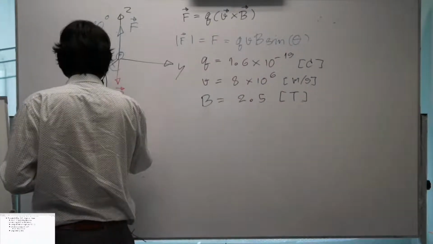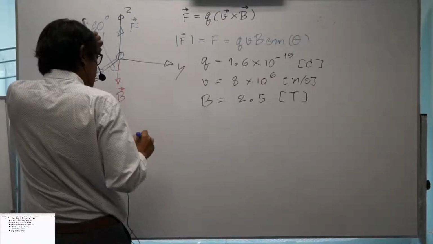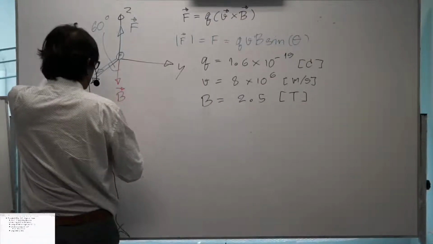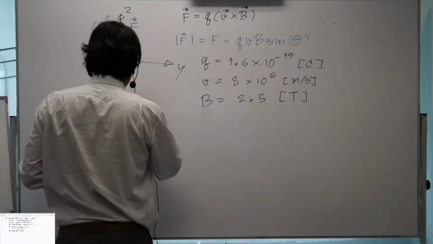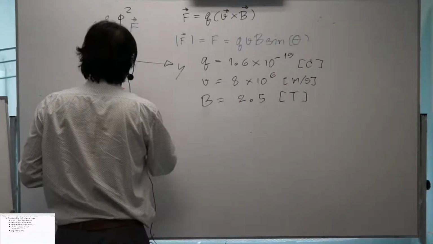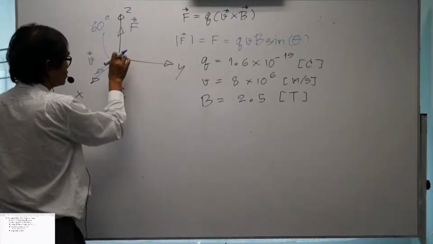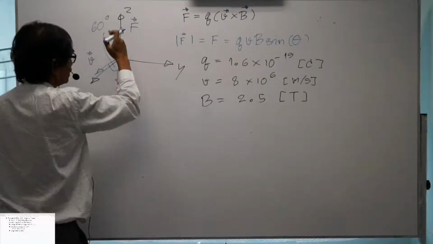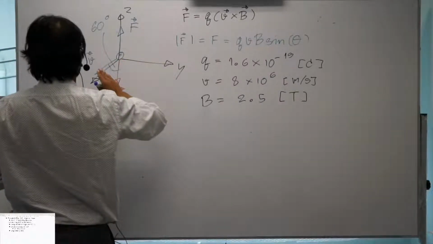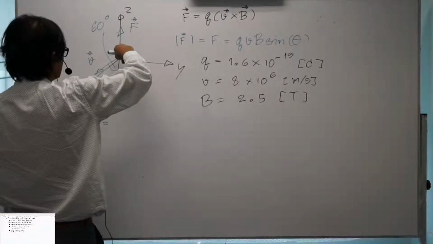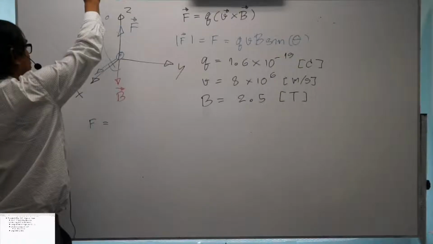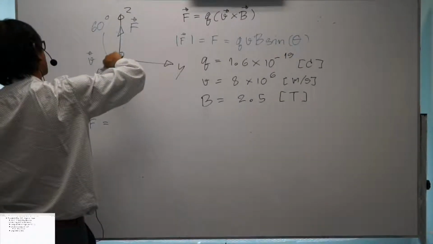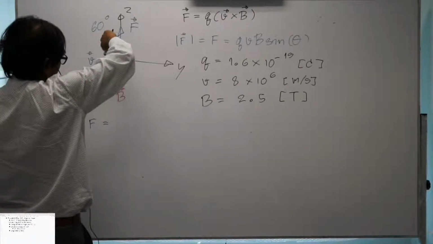You get F, the induced magnetic force. This force tries to lift the proton up. Even though it moves this way, the force is going to shift it in this direction, so it's not a line anymore. It's going to be a curve like this, a circle.